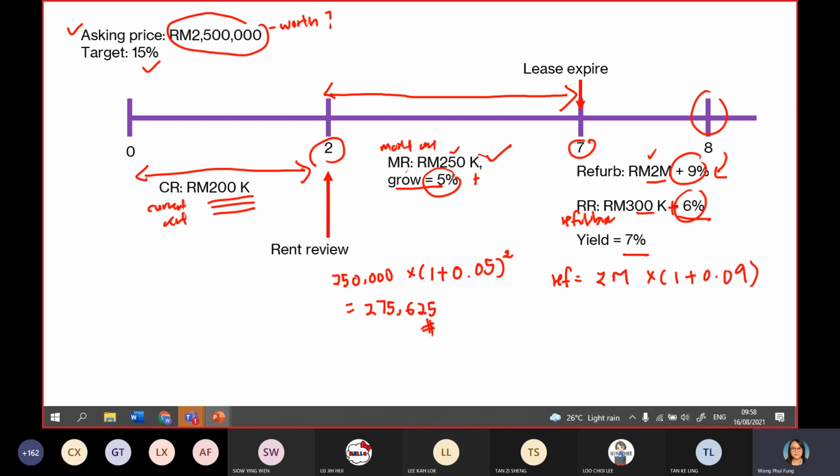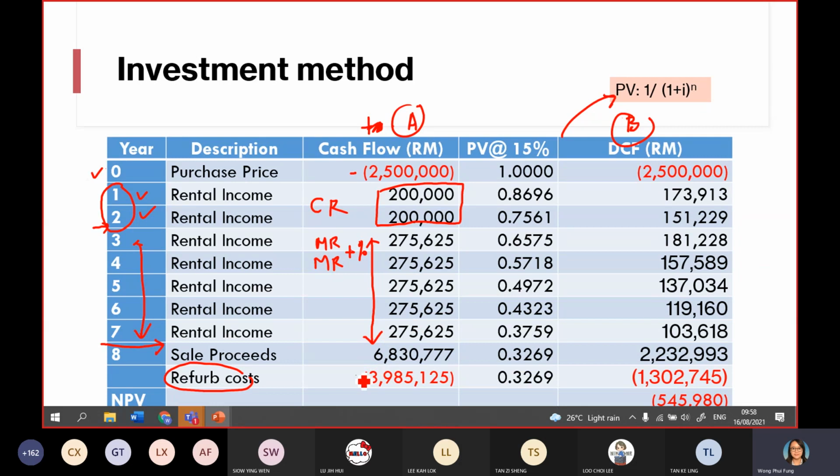In how many years' time you are going to do the refurbishment? Year 8 onward. So that's why here 8. Okay, then here is approximately this value. So this money is what you are going to spend. That's why go back to the table. You are going to minus here. Can you see? Spend, minus.